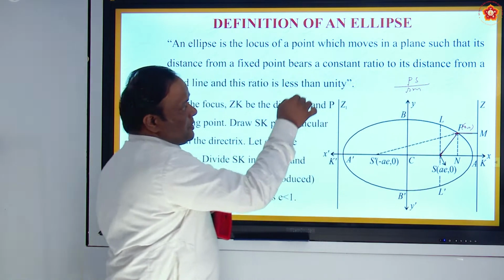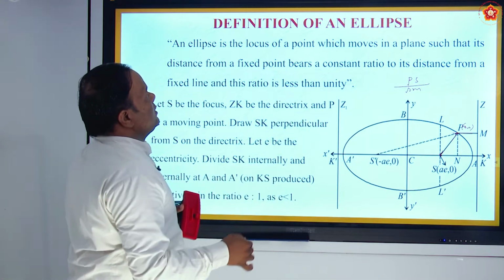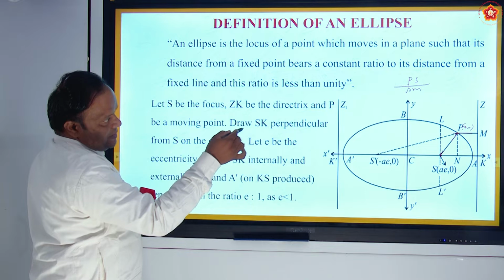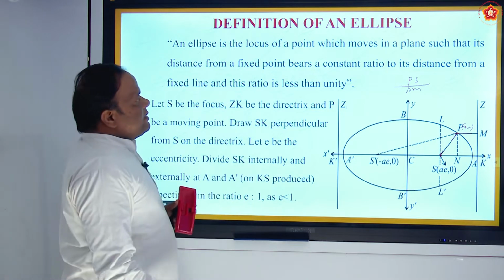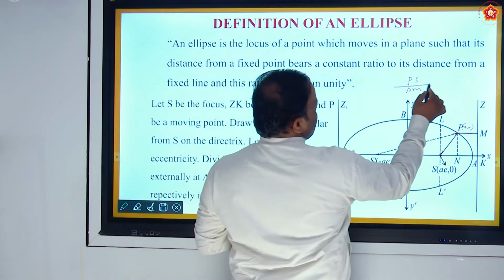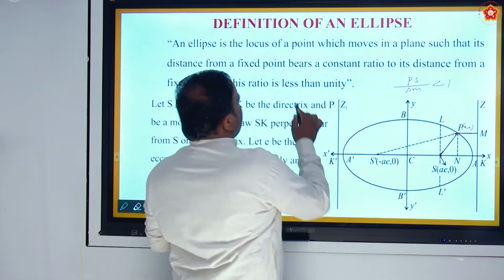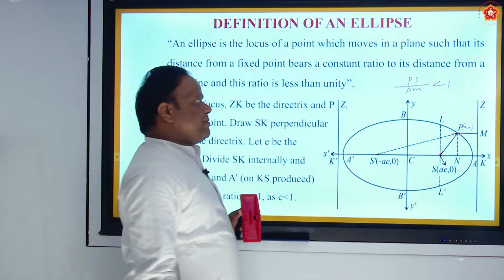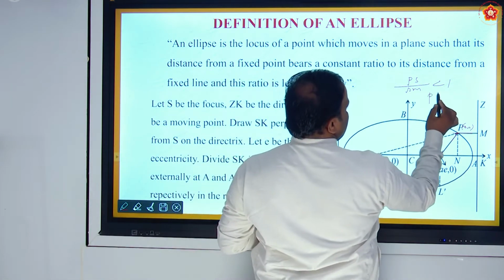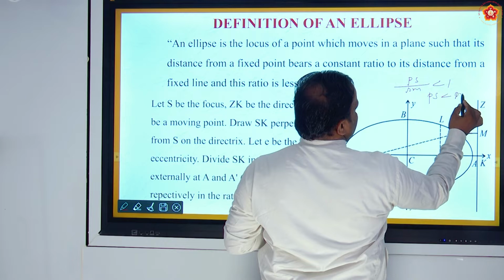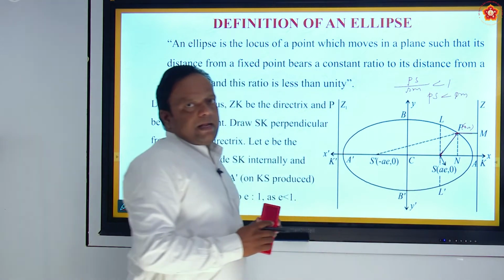Constant ratio means PS by PM is some constant, and this constant ratio is less than 1, less than unity. Clearly we can say that PS is less than PM, then the conic is said to be an ellipse.